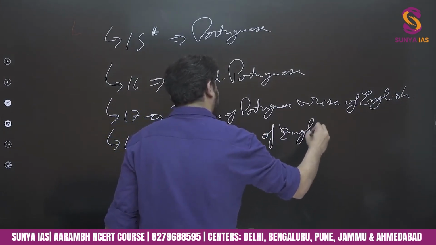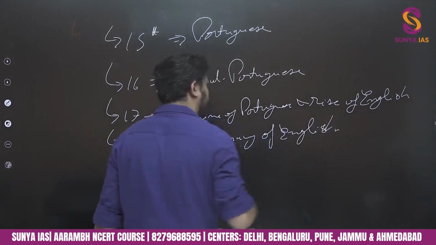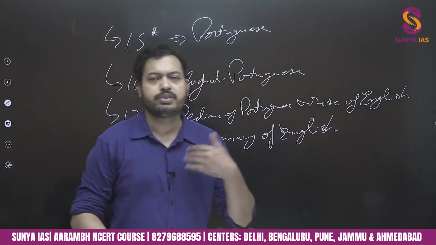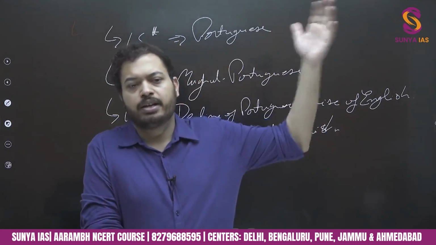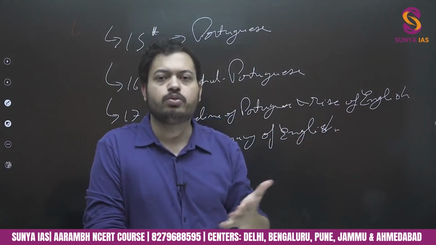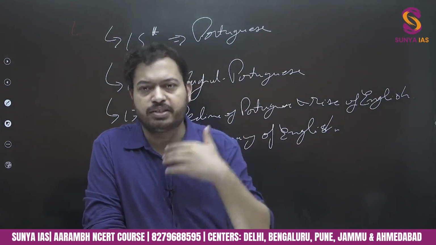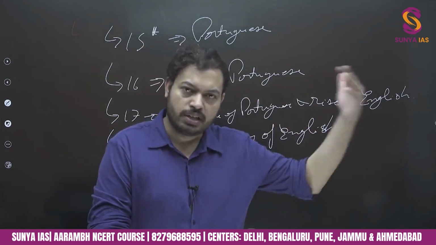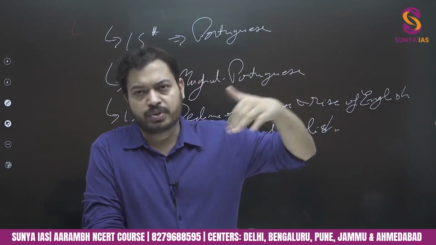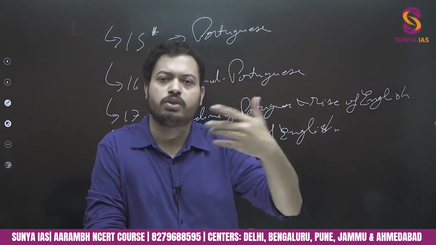Once you are done with this, which is just who led the trade when, you will move on to what actually happened in the trade. Who did the trade? How was the trade done in the coastal region? How was trade connected with the hinterland? Those things you have to mention.